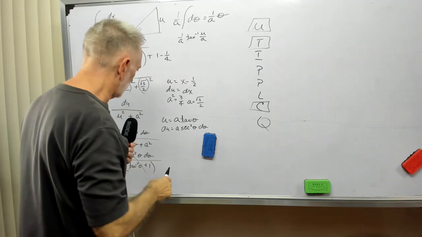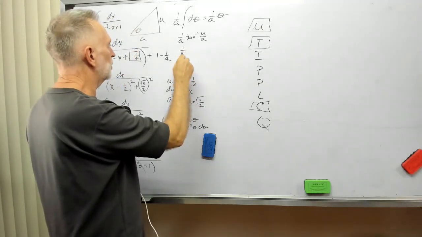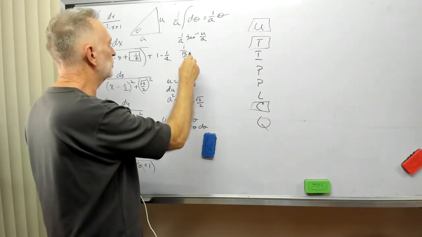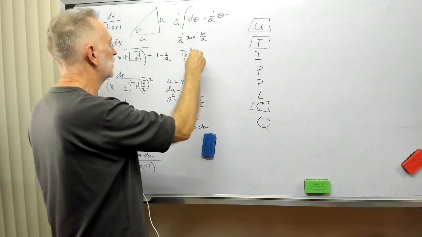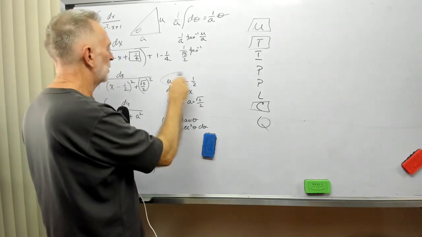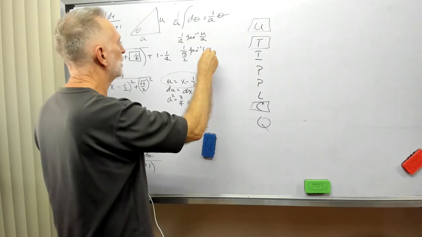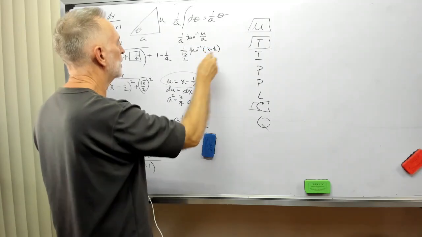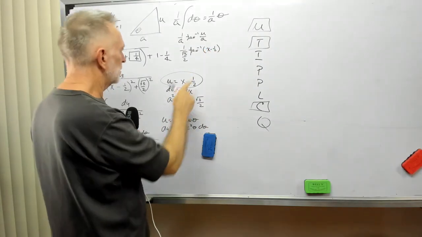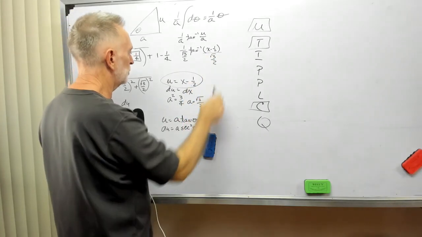Now what was a? Square root 3 over 2. So 1 over square root 3 over 2 times tangent inverse of u, x minus 1/2, over a, over square root 3 over 2.